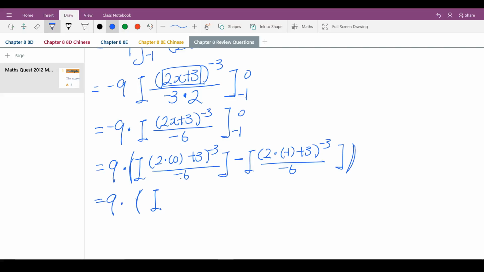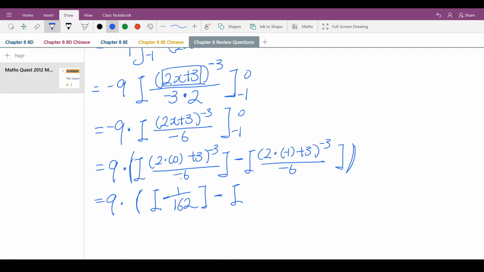negative 1 over 162. Minus, so 2 times negative 1 is negative 2. Negative 2 plus 3 is 1. 1 to the power of negative 3 is still 1.